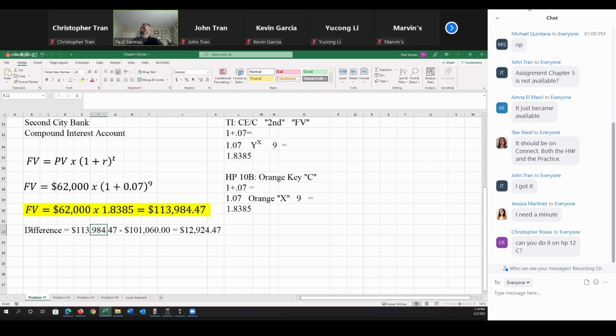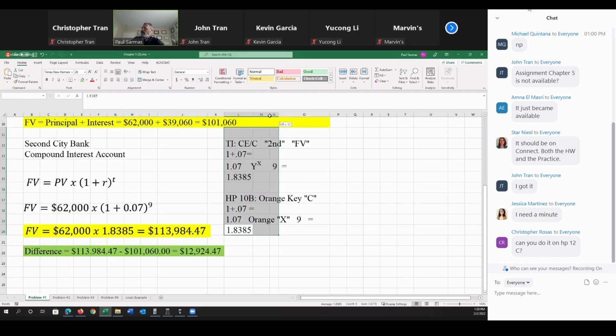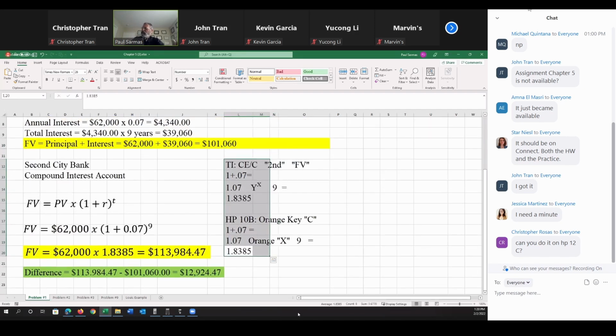Any questions? Now, you see this, you notice these will take just a bit of time to do. And you bought your financial calculator.